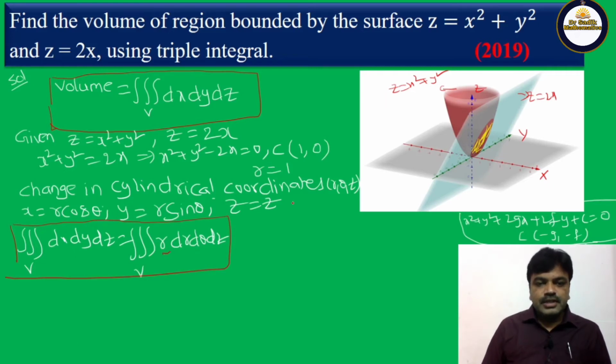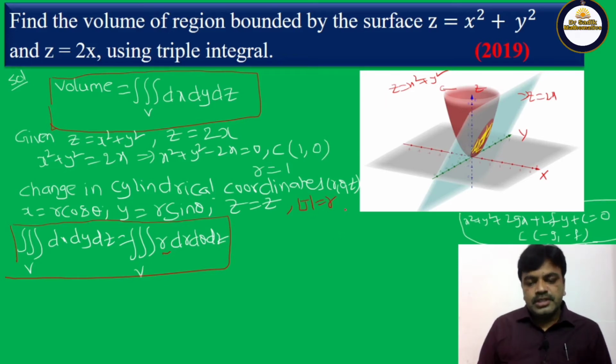R is the Jacobian value. Modulus J equals r. You can watch the video on change of variables, where I discuss that whenever we convert Cartesian form to cylindrical polar coordinates, the Jacobian value is r. You can write it directly here.